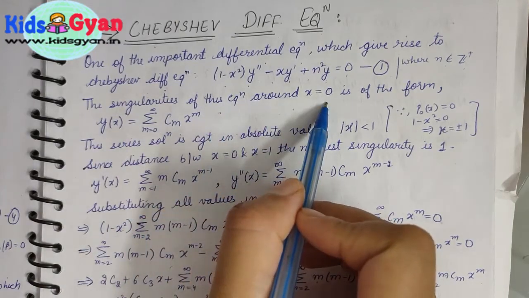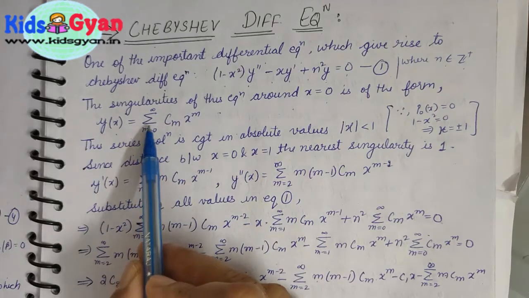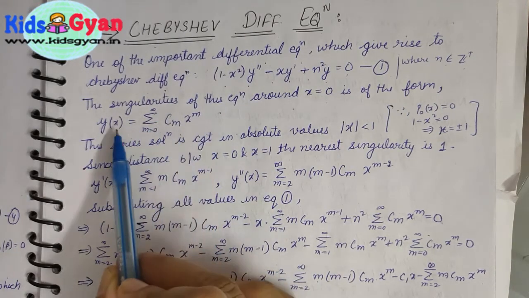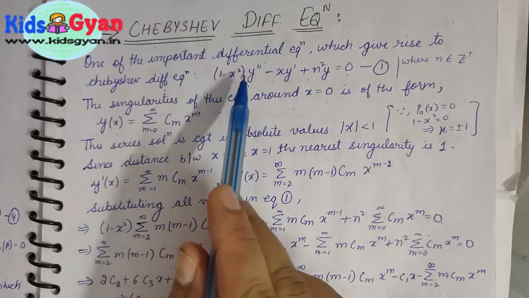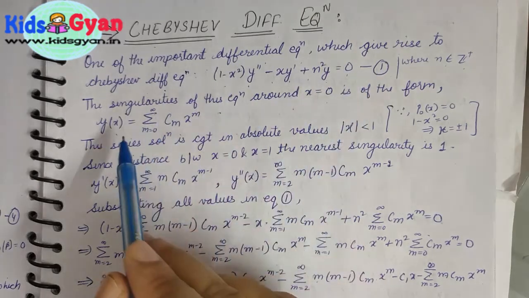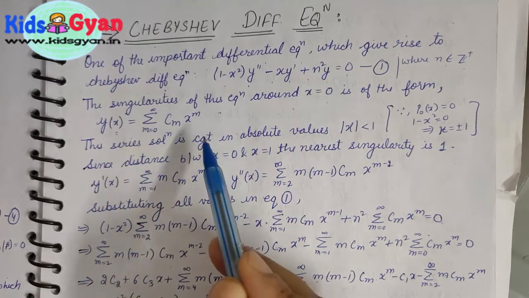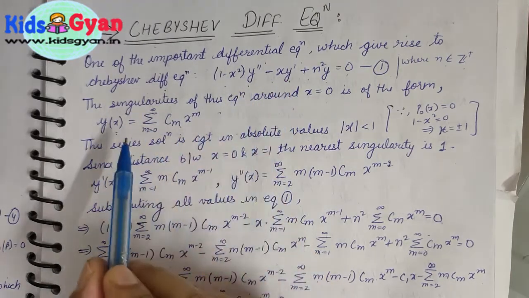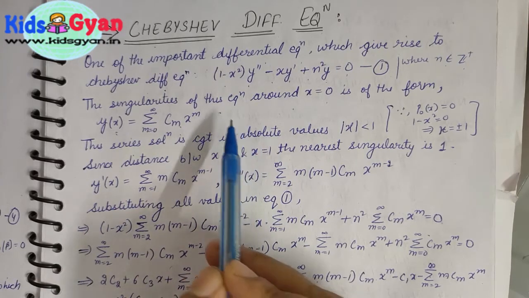The singularities of this equation around x = 0 give a solution of the form y(x) = summation m = 0 to infinity c_m x^m. We let this be the series solution of this differential equation 1.